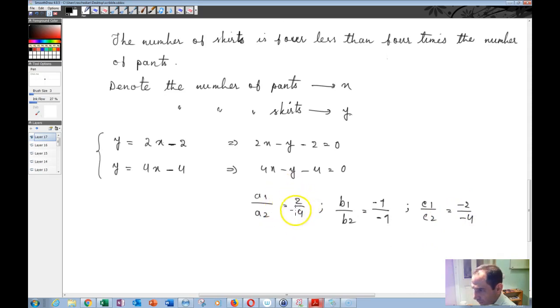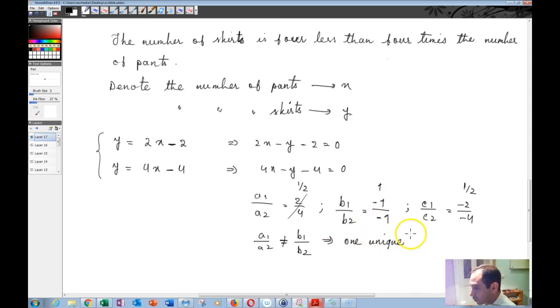So this is 1 to 2, this is 1, and this is 1 to 2. You see that a1 to a2 is not equal to b1 to b2. Therefore you can expect to have one unique solution.